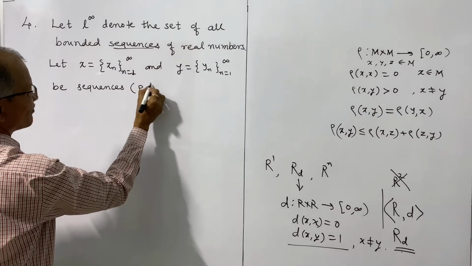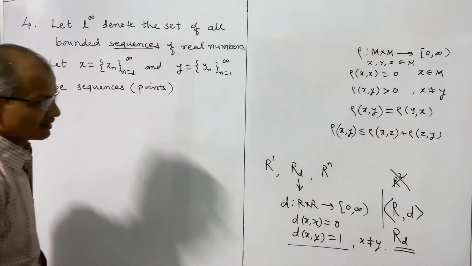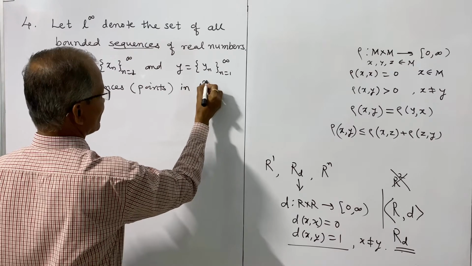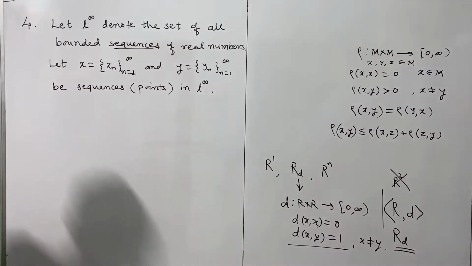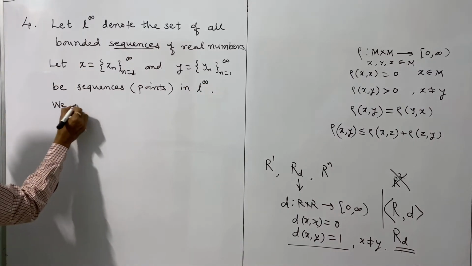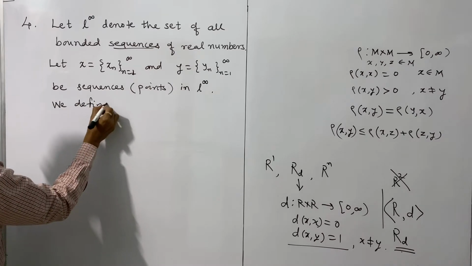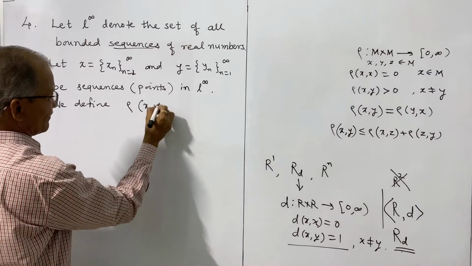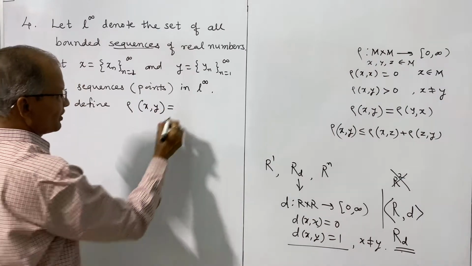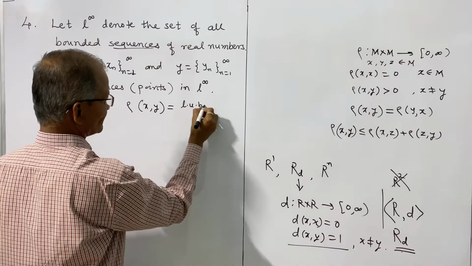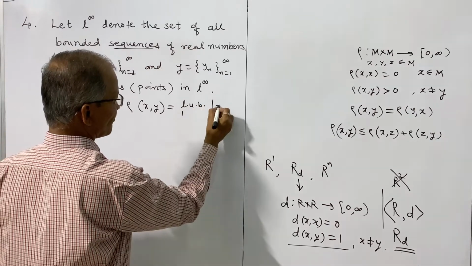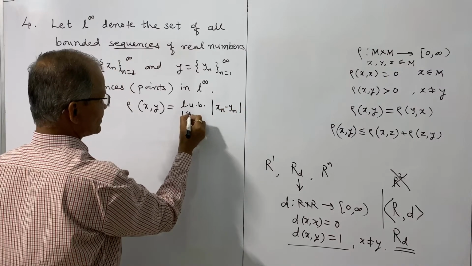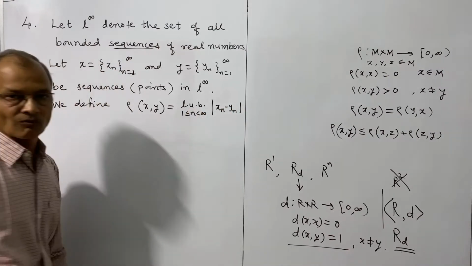That means we consider points in L infinity. We define ρ(x,y) as the LUB, the least upper bound, of the absolute value of x_n minus y_n, where n takes values from 1 to infinity.